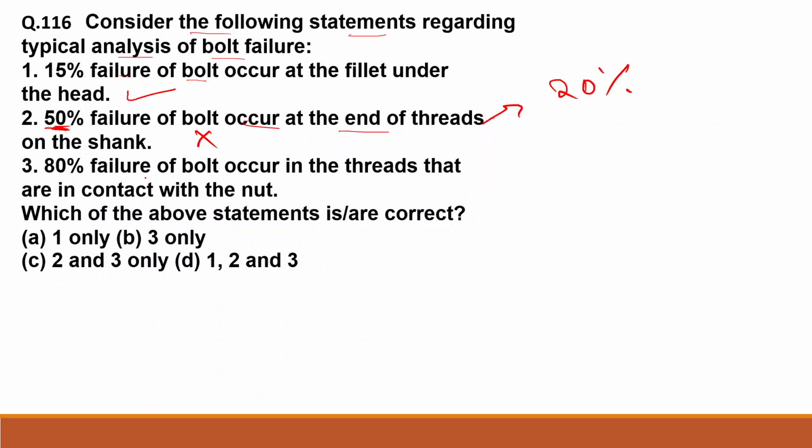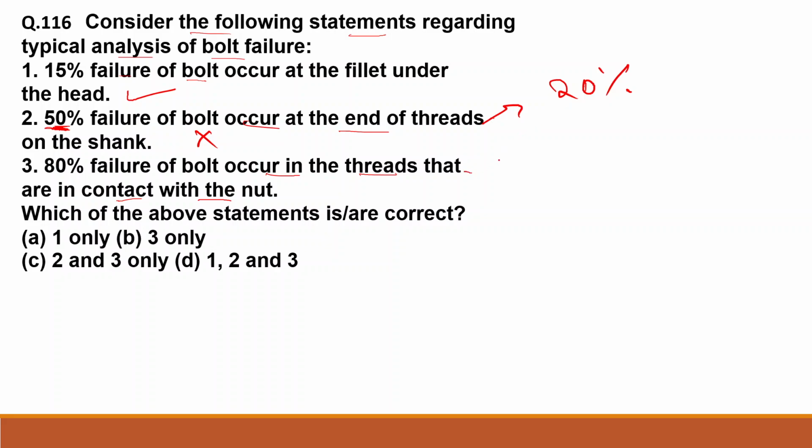Moving to the next point: 80% of the failure of the bolt occurs in the threads that are in contact with the nut. This point also is wrong, because in threads it takes only 65%.